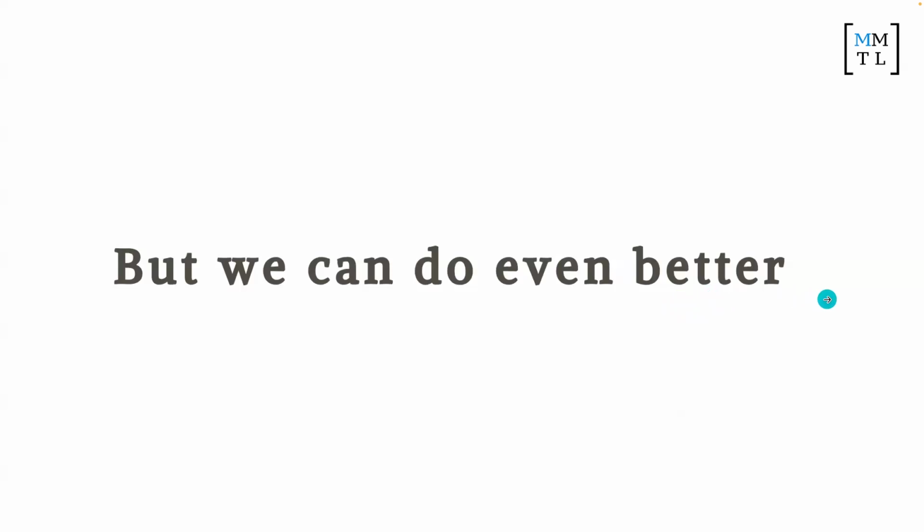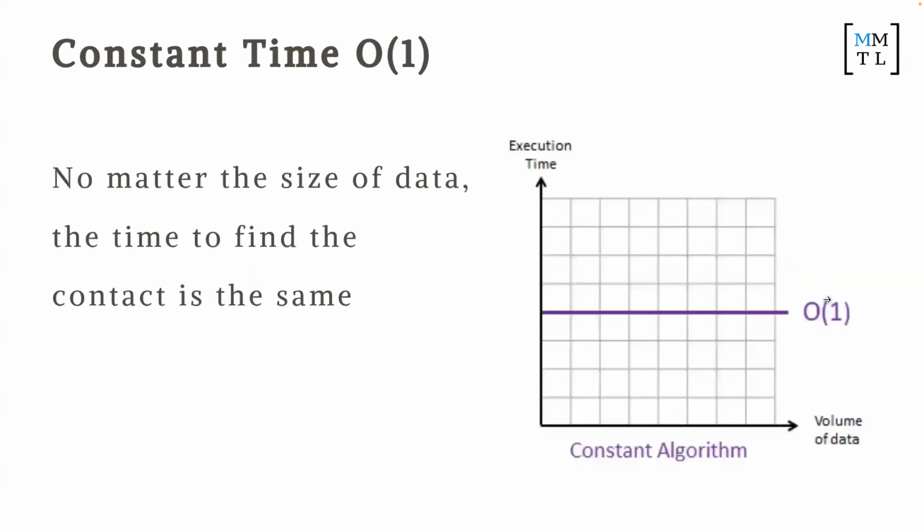We can actually do it even better. We can do it in constant time. So no matter the size of the data, the time to find the contact is the same. This is basically as good as an algorithm can be. No matter how long you're searching through, it's always the same.